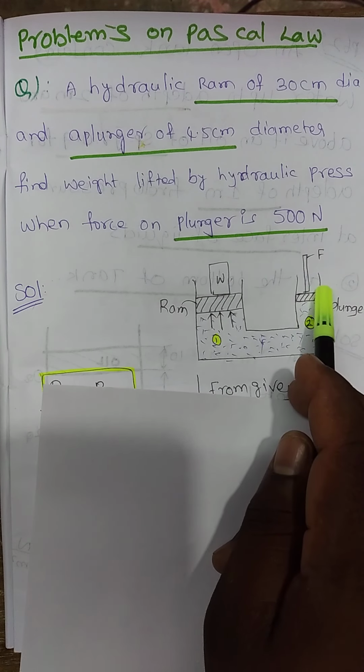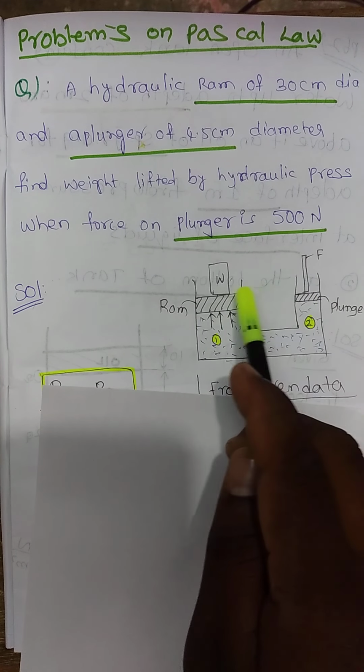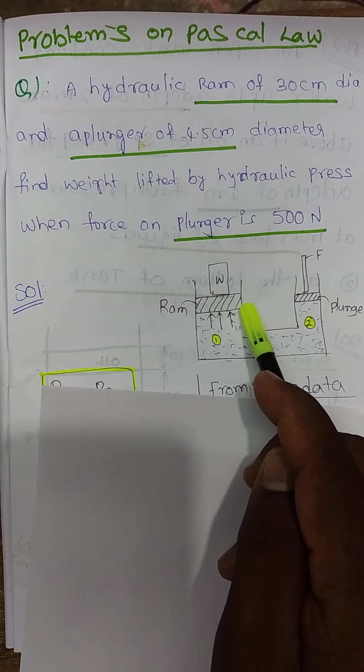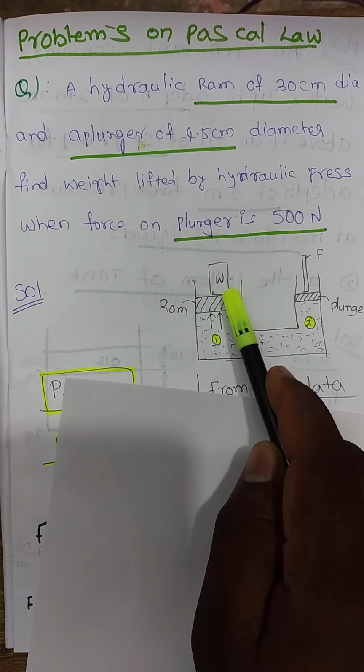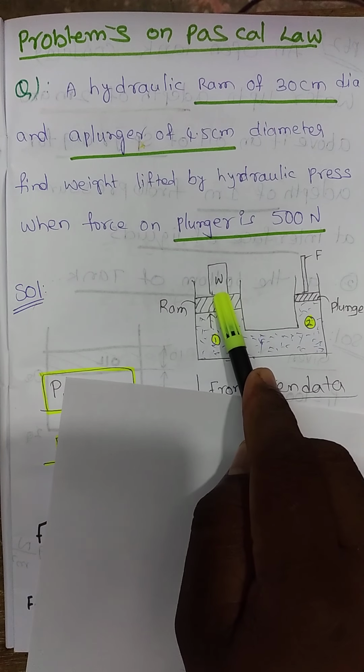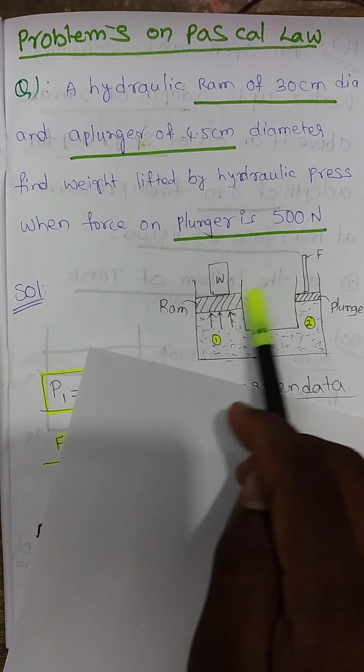This is a plunger whose diameter is less, and the ram diameter is very high and the weight is also very high. If you are interested in lifting this weight with the help of a small force, then we will use this arrangement.